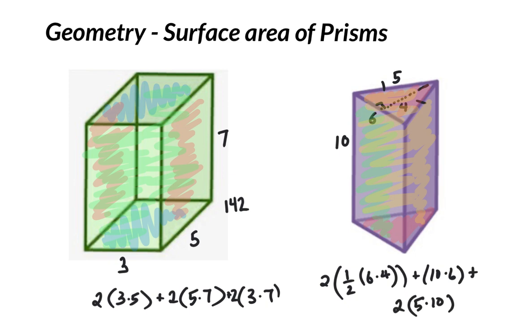So let's just quick count here. I have 2 sides to cover that make up the bases, and then I've got 3 sides that are all rectangles that make up those vertical pieces. So I've got 2 bases, and then 1 and 2 more for a total of 5 sides that I need to cover.